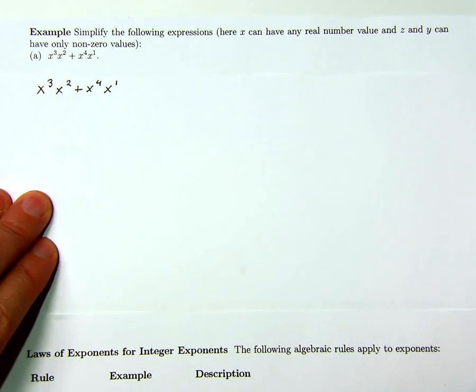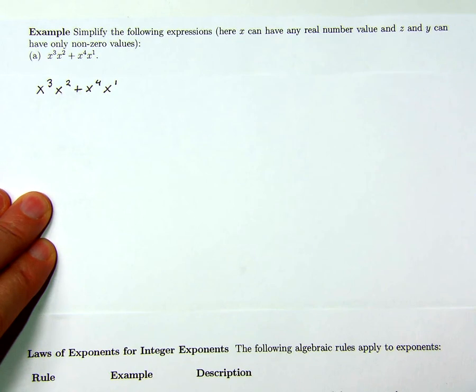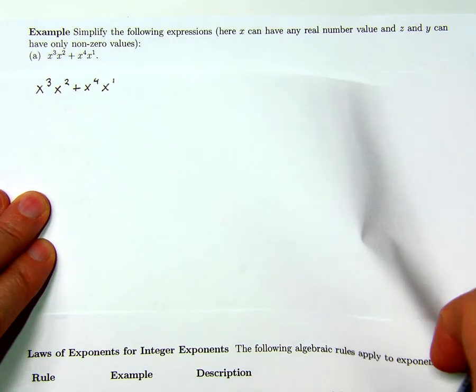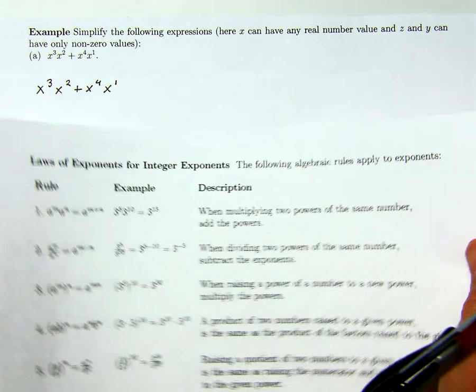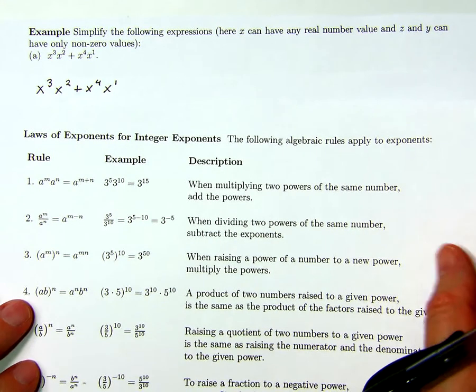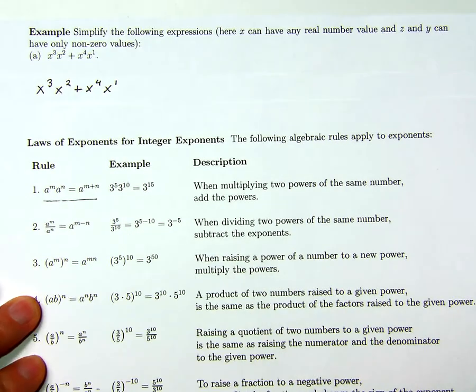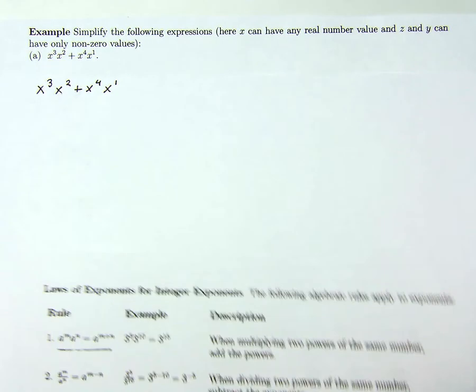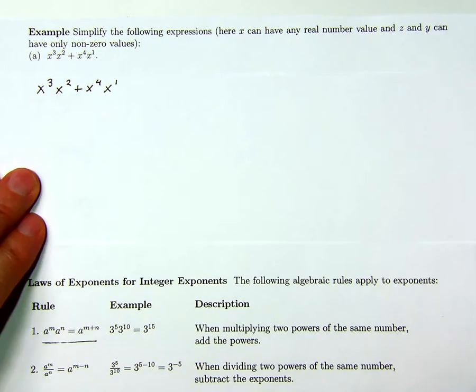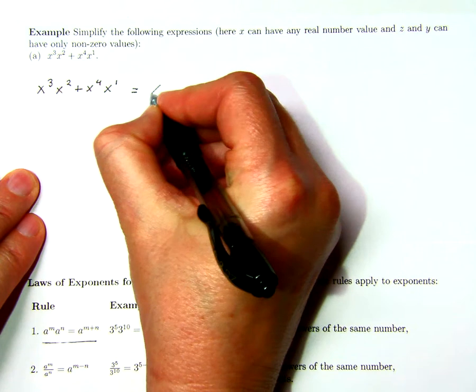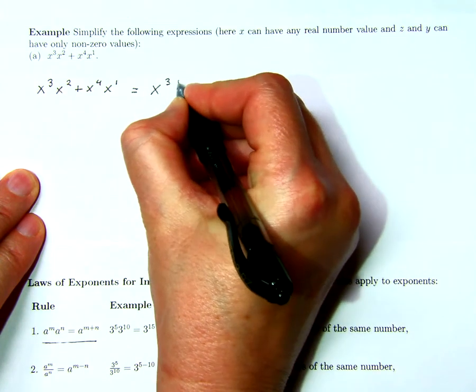And we're first going to use the first rule, which says a to the m. So we can use rule 1 here. It says we add the powers when we have the same base, and we multiply. So we have x to the 3 times x to the 2 should be x to the 3 plus 2.